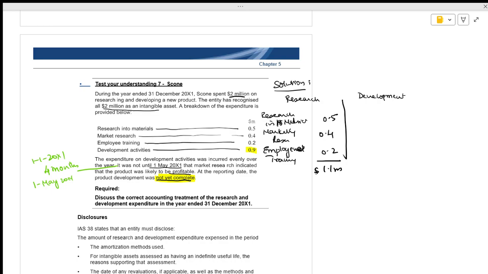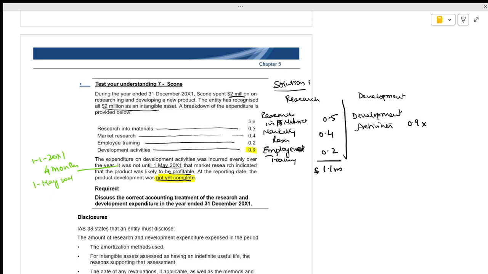What is the development expenditure? They spent 0.9 on development activities. For how many months?